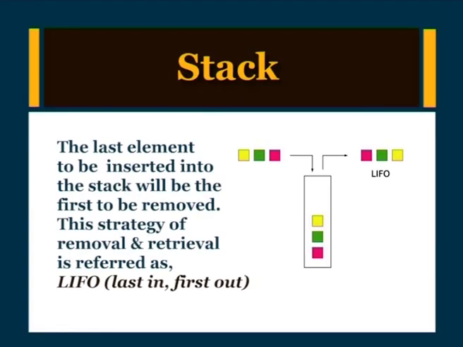For example, if three elements A, B and C are added to the stack in that order, then the first element to be removed will be C, followed by B and A. Equivalently, we can say that the last element to be inserted into the stack will be the first to be removed. This strategy of removal and retrieval is referred to as LIFO or last in first out.